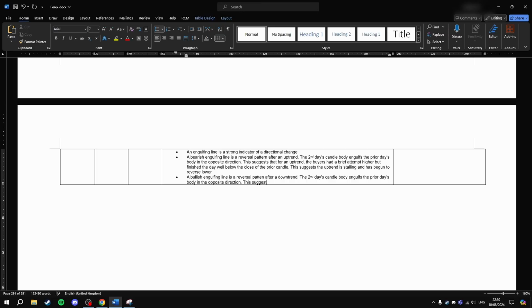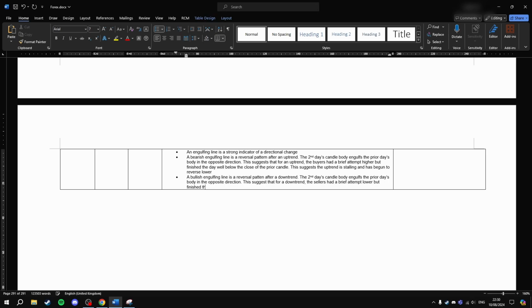This suggests that for a downtrend, the sellers had a brief attempt lower, but finished the day well above the open of the prior candle.